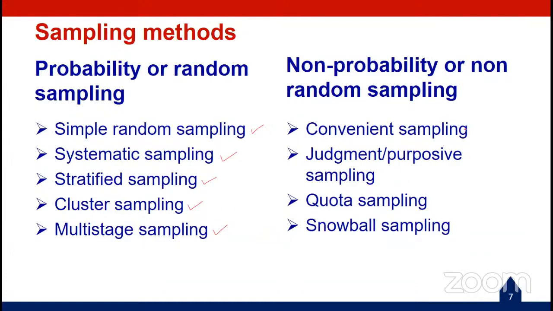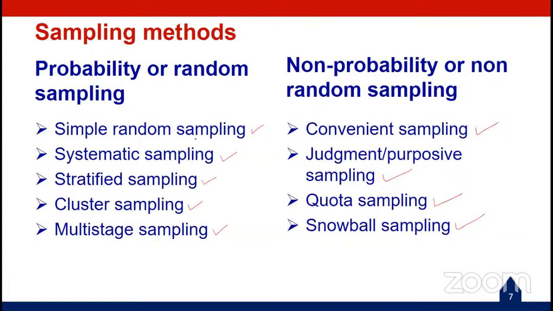Similarly, the non-probability sampling methods which are frequently used are convenient sampling, judgment or purposive sampling, quota sampling, and snowball sampling. So these are the commonly used methods. However, there are many more sampling methods available. However, I will be dealing with these sampling methods in today's session.